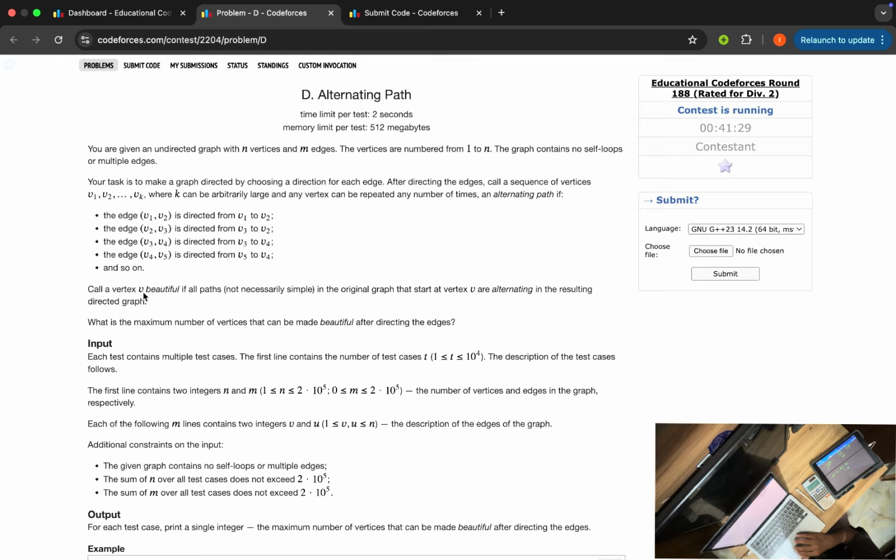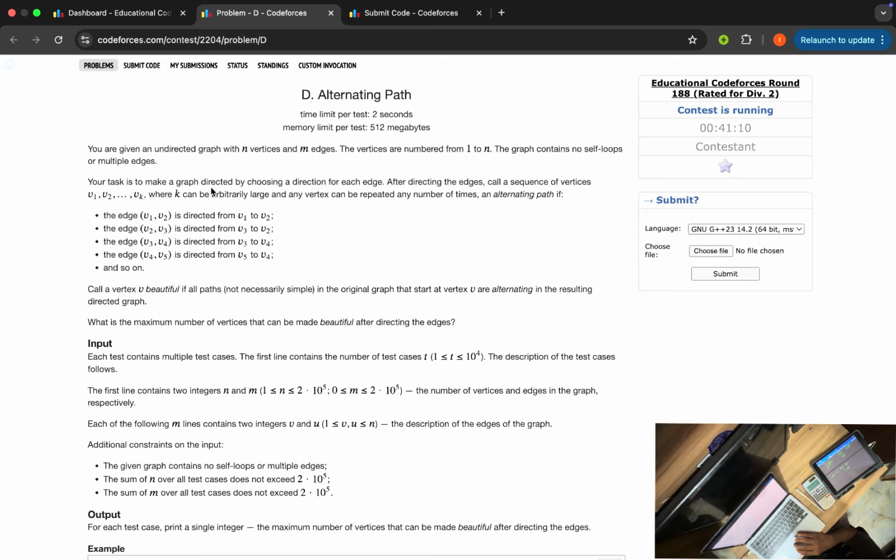Call a vertex u beautiful if all paths in the original graph that start at vertex u are alternating in the resulting directed graph. What is the maximum number of vertices that can be made beautiful after directing the edges?